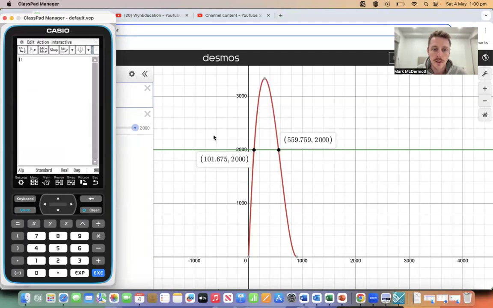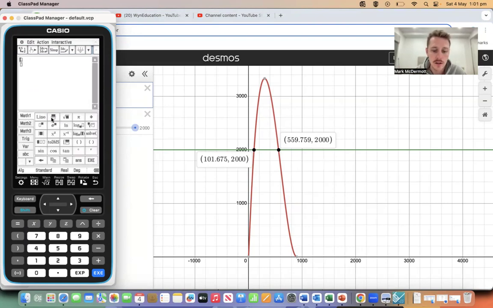This first point at 101.675, 2000 is saying that you can travel 2 kilometers in 101.675 seconds, which must mean that you're traveling at a speed of, and we just got to work that out, 2000 divided by 101.675. If we press enter and press decimal, okay. So what that means is we can travel at 19.67 meters a second for 101.675 seconds, and that would be our maximum speed that we can travel 2 kilometers at.